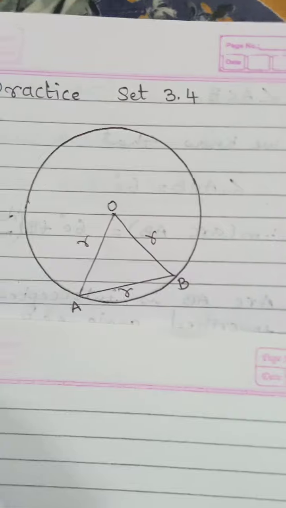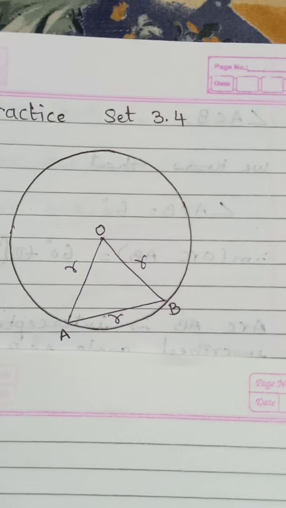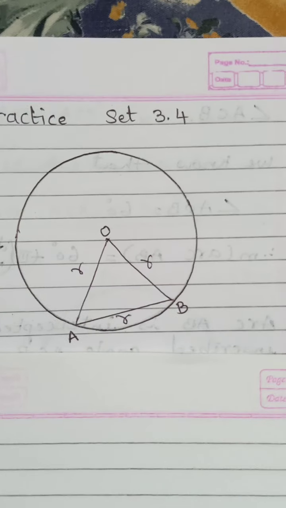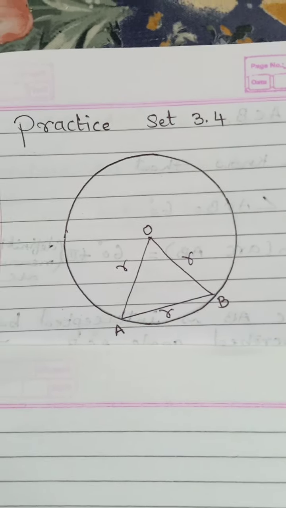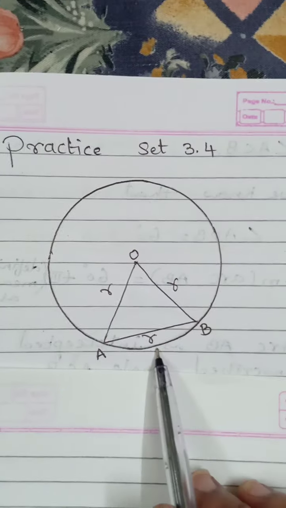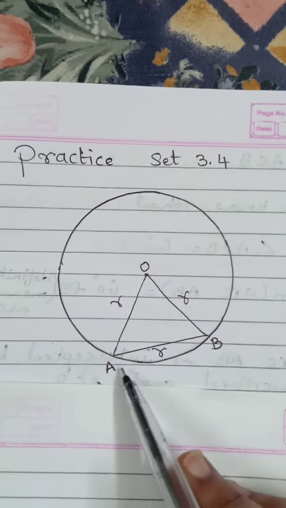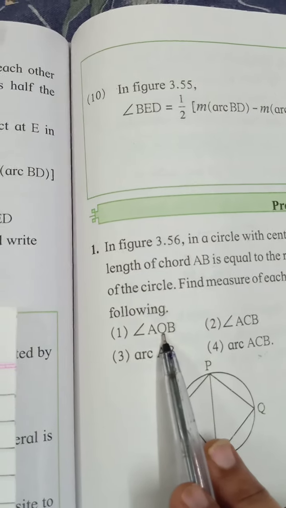So it is clear that OA is R, OB is also R, and AB is also given equal to the radius, so it is also R. All three sides are equal. So if the three sides are equal, we can say this triangle OAB is nothing but an equilateral triangle. Now the first one we have to find is angle AOB.